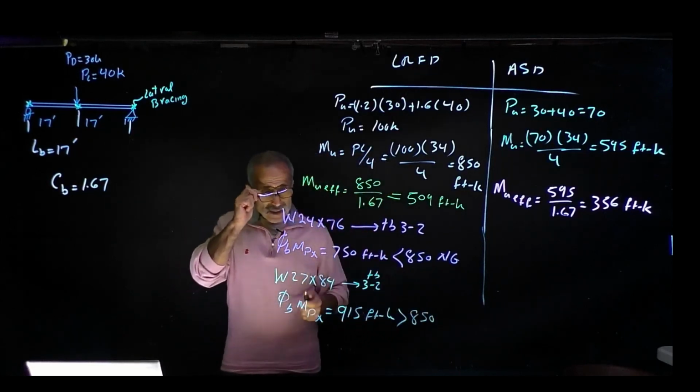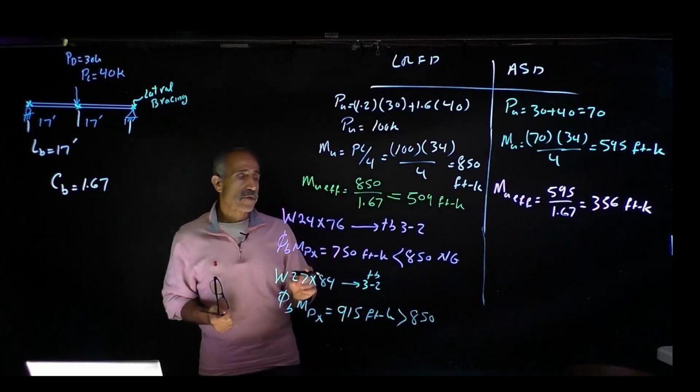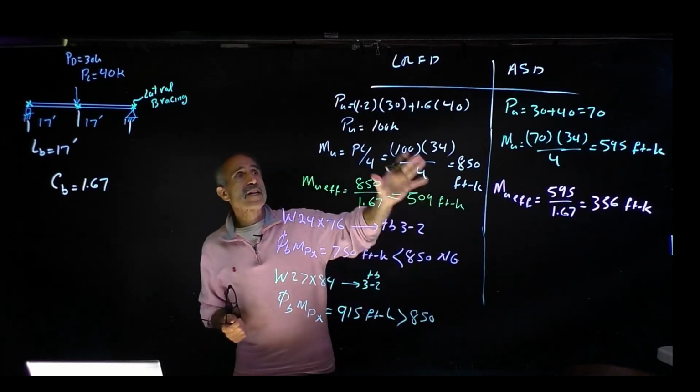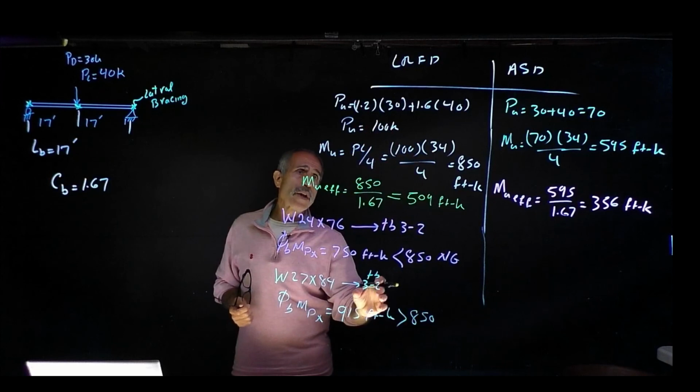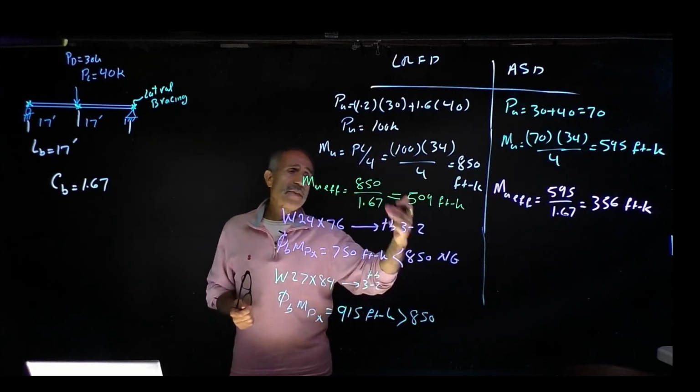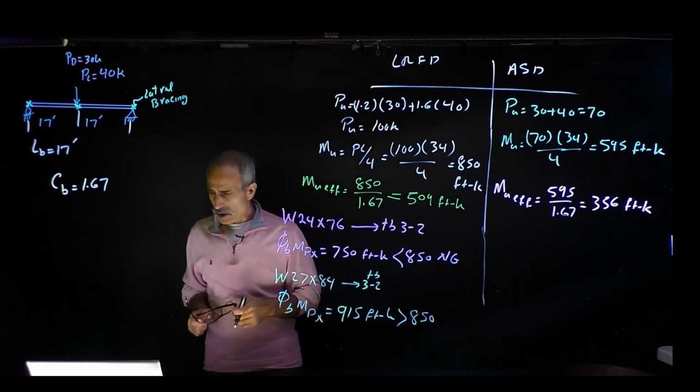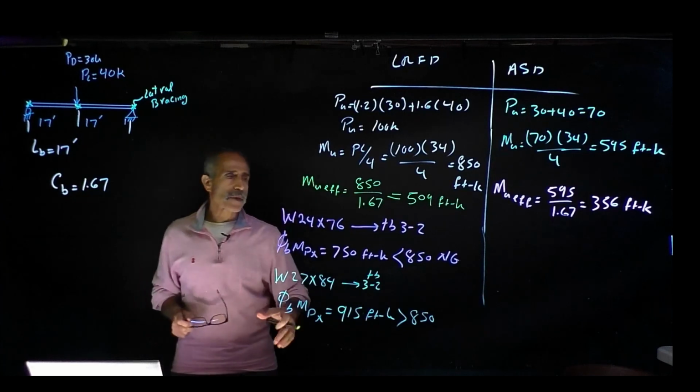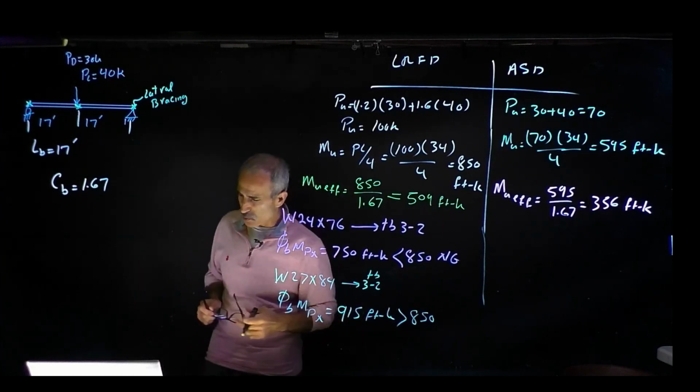Now, this is cutting a little bit close. If you don't feel comfortable, you can calculate your load, add the weight of the beam, and then recalculate to see what's going to work out. Normally, if you pick a bigger size, you don't have to worry about that.